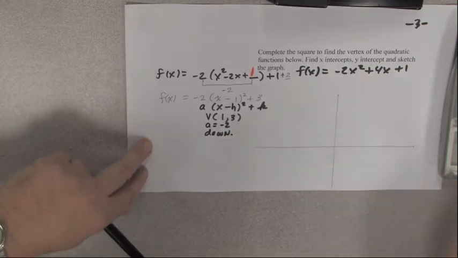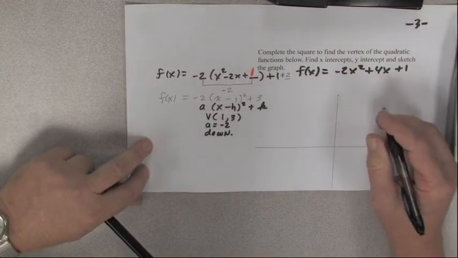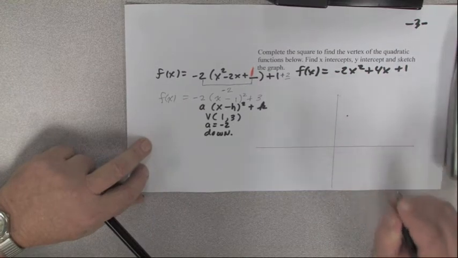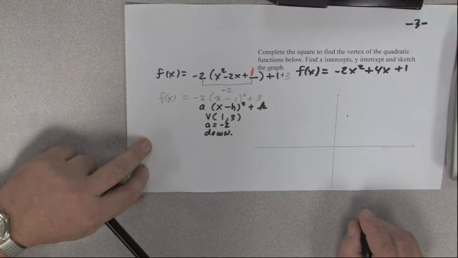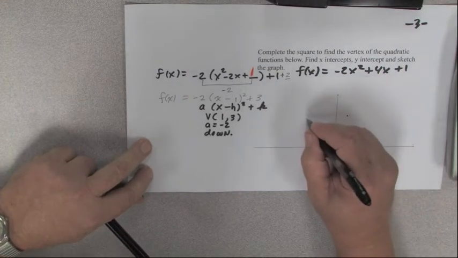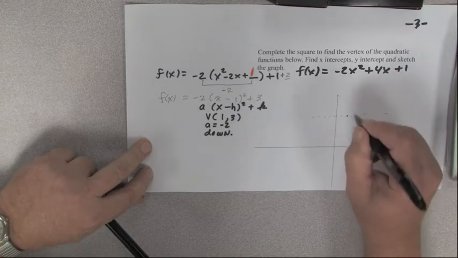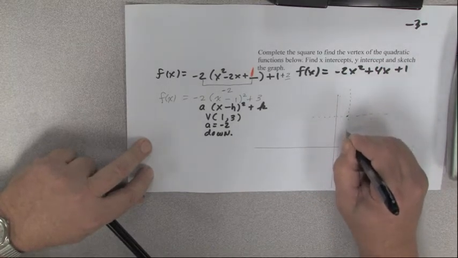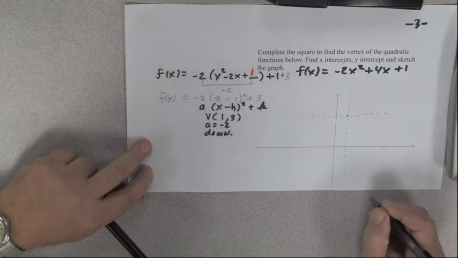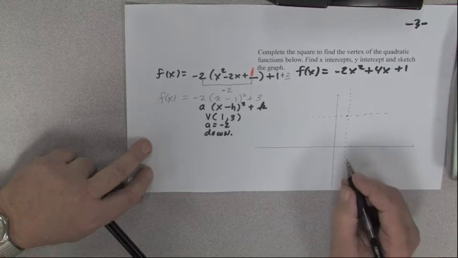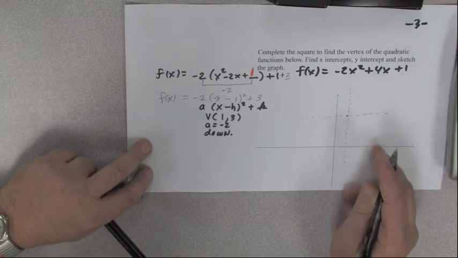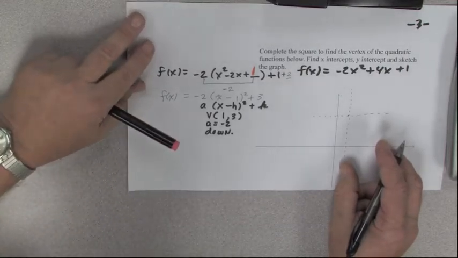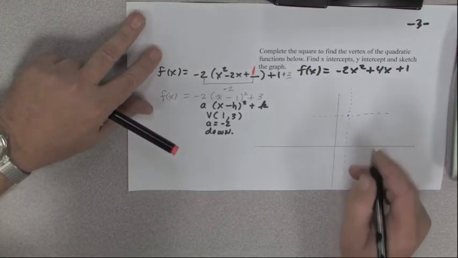So that means the parabola will open down. Starting with the vertex at 1, 3, we're going to graph that point right here. Now let's draw a vertical line through that point, and now we're going to go down. Because it's negative 2, it's going to be a parabola which is twice as skinny as an ordinary parabola.